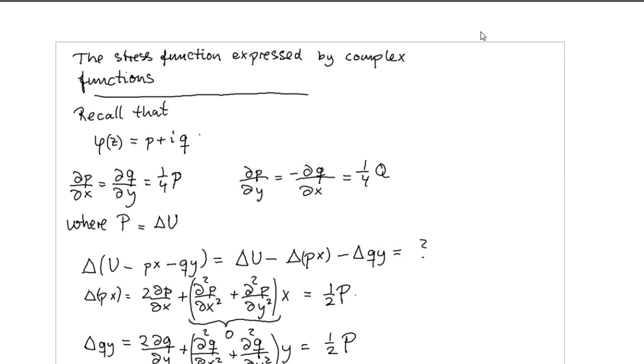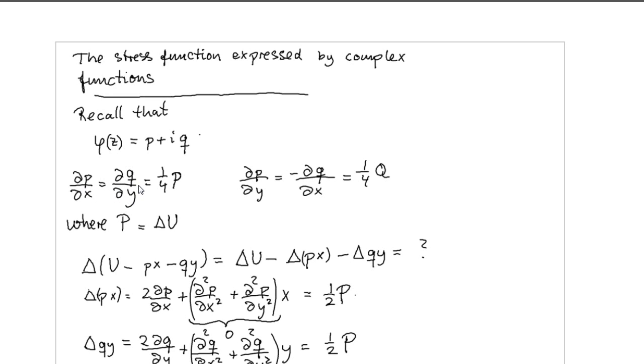The stress function can also be expressed by complex functions. Before we start with this, just recall that this function phi defined before, which is equal to some function p plus iq, is an analytic function with the property that the partial derivative of p with respect to x is equal to the partial derivative of q with respect to y.